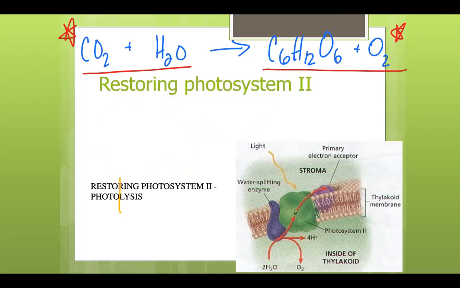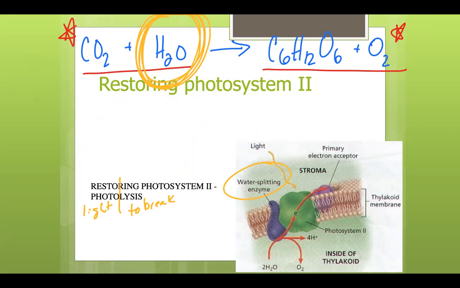So photolysis: lysis means to break, photo means light. Next to photosystem 2, we have something called the water splitting enzyme. And here's where we see our first indication of why we need water.